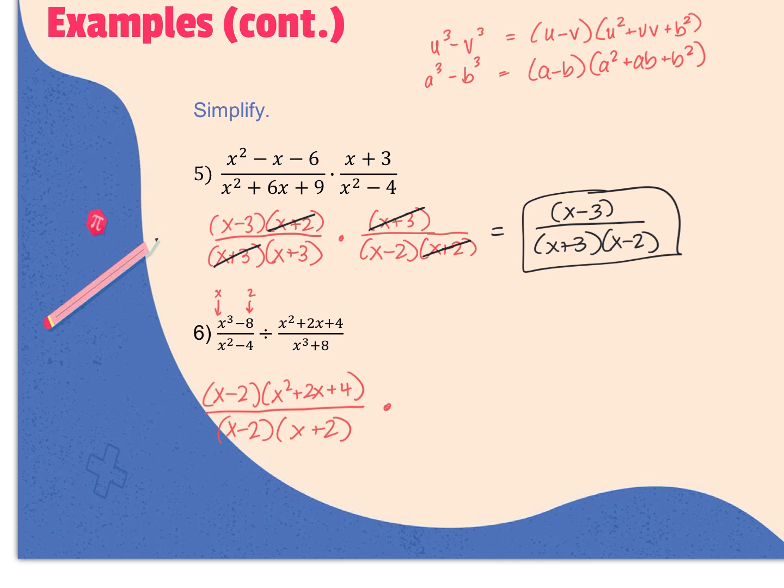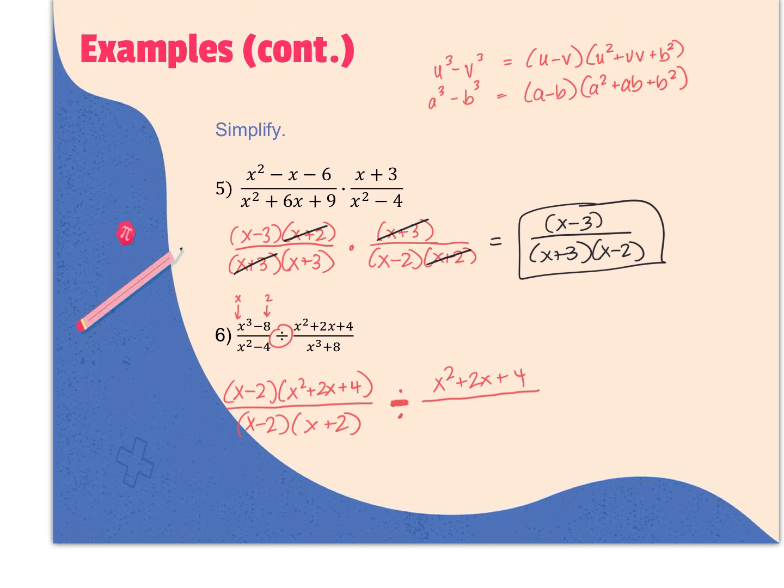When I go to the right side, and notice this is a division problem, so let me just write it as a division. I'll flip it after, okay? My numerator is going to be, notice my numerator is x squared plus 2x plus 4. Well, that's unfactorable. I can't change that. And my denominator, again, is going to be that situation, but it's going to be a sum of cubes. So instead of this minus, it's a sum.